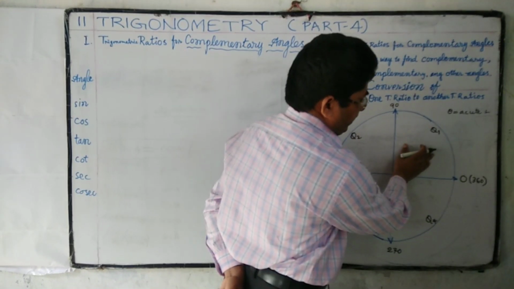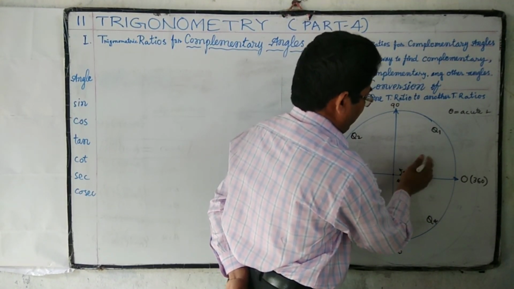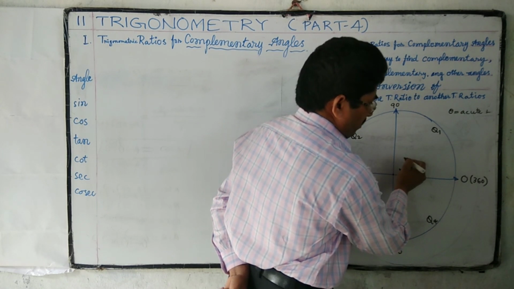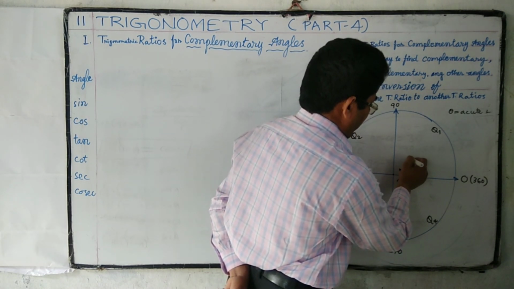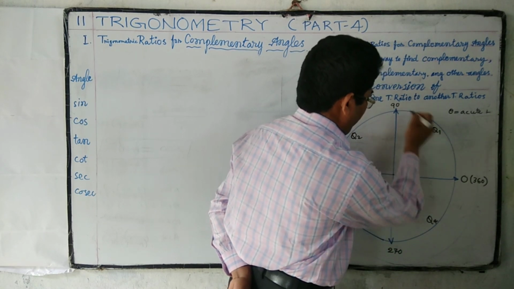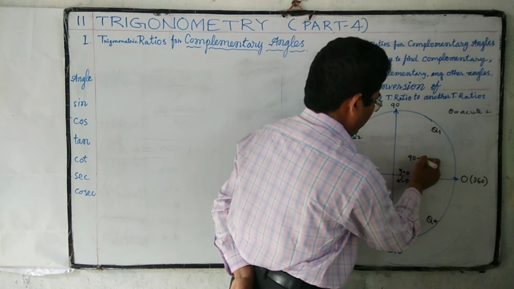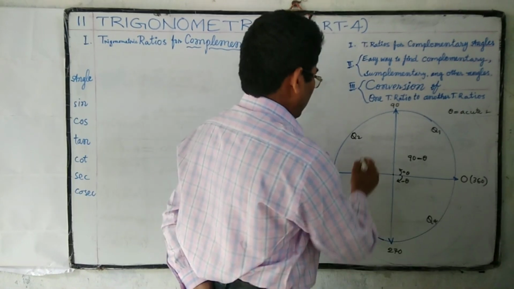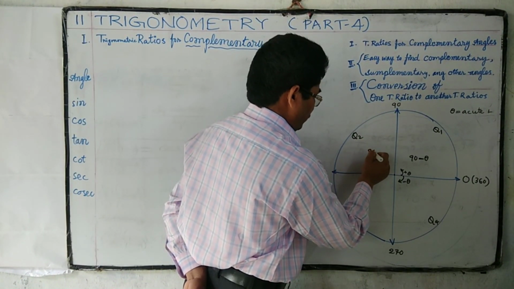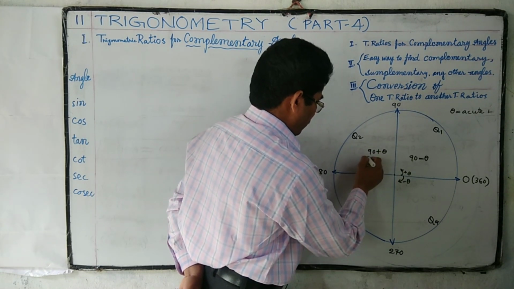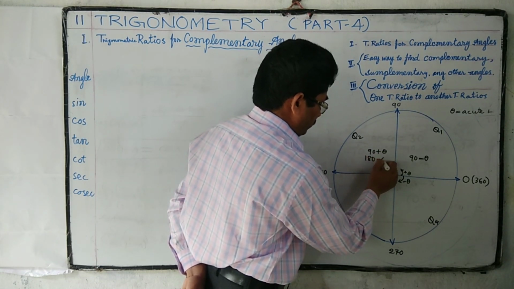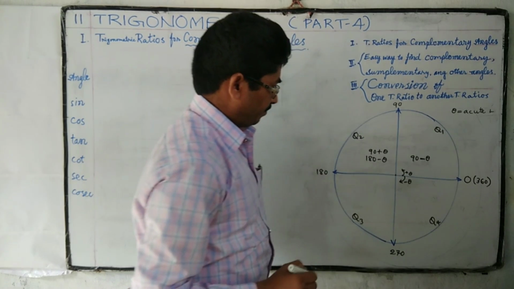In this quadrant, 90 minus theta is in the first quadrant. 90 plus theta is in the second quadrant. 180 minus theta is also in this quadrant only.